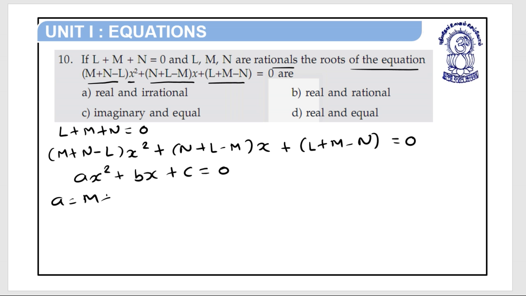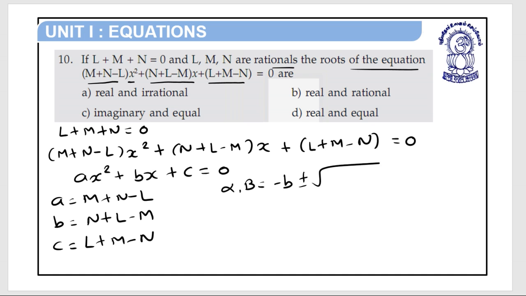a is equal to m plus n minus l, b is equal to n plus l minus m, and c is equal to l plus m minus n. Now you find out the roots of this equation, alpha beta, minus b plus or minus under root b square minus 4ac upon 2a.